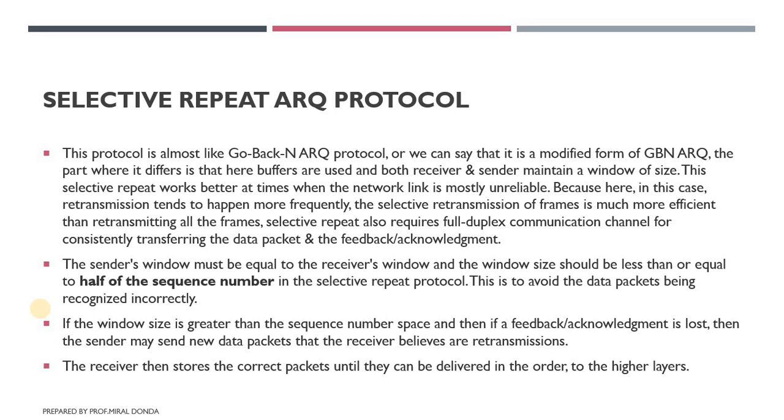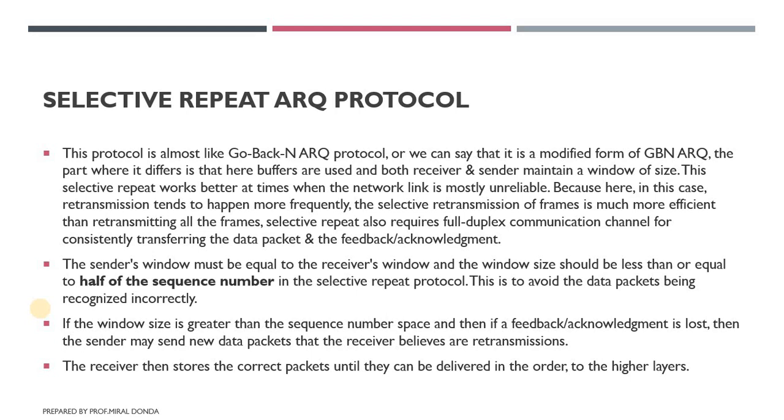The sender's window must be equal to the receiver's window, and the window size should be less than or equal to half of the sequence number space in the selective repeat protocol. This is to avoid the data packets being recognized incorrectly. Here the size of the receiver window is not 1 but the same as the sender's, or half of the sequence number space.